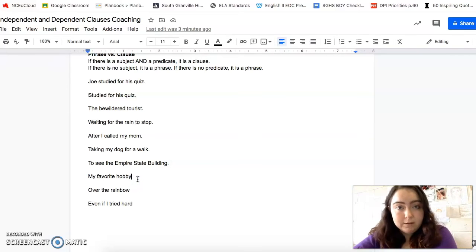This is missing a predicate, so it is a phrase. Over the rainbow. What's over the rainbow? Is the rainbow doing something? Is something over there behind the rainbow? I don't know. We have maybe a subject with rainbow, but there's no verb. So I don't know that this even has really a subject to it. So this is definitely a phrase.